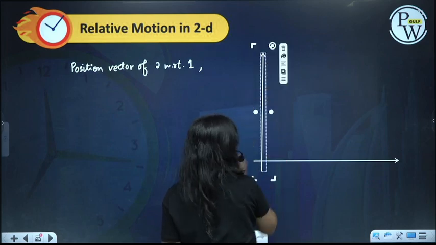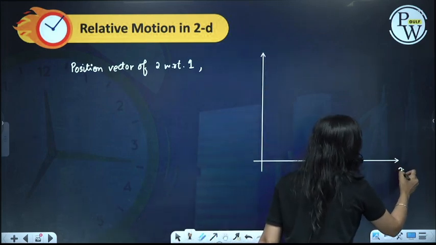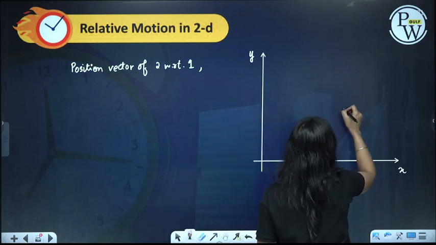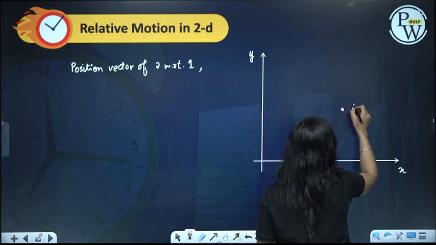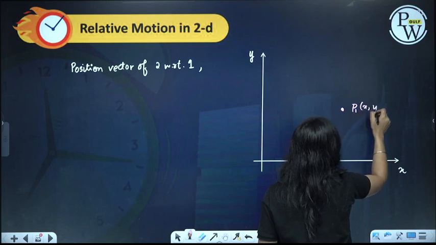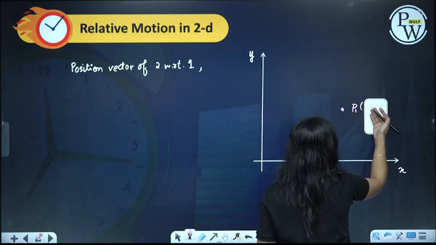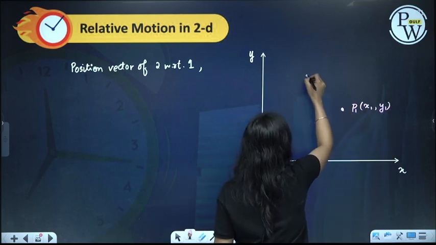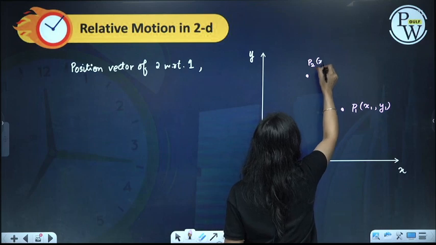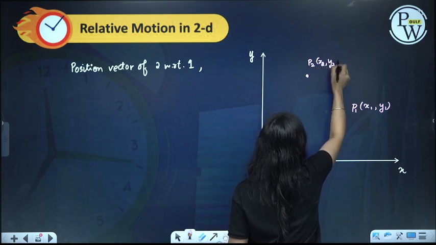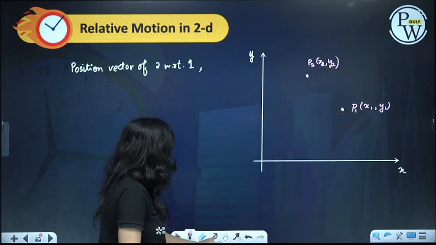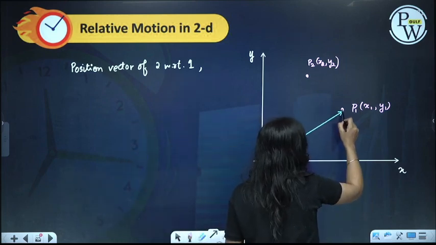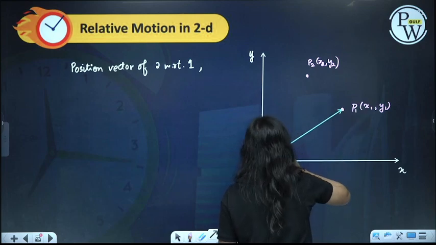If this is my xy plane, and I have two particles. One is p1 at coordinate x1 y1, and the other is p2, at any instant t having coordinate x2 y2.